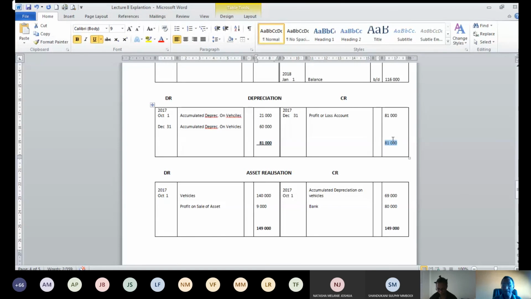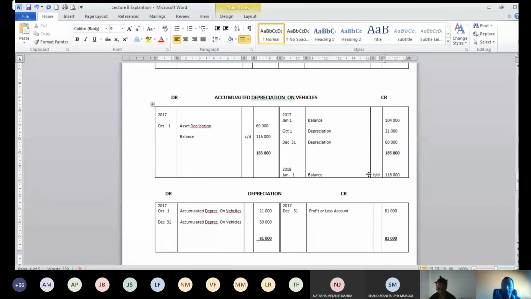So in terms of balancing these accounts now, guys, at the end of the financial year, remember the asset realization account is closed off. The depreciation account, we close that off. We transfer that to the profit or loss account. And the accumulated depreciation on vehicle account, we calculate the balance there.